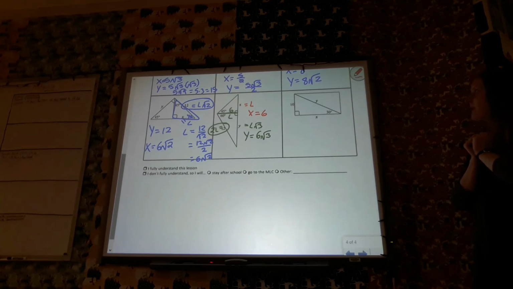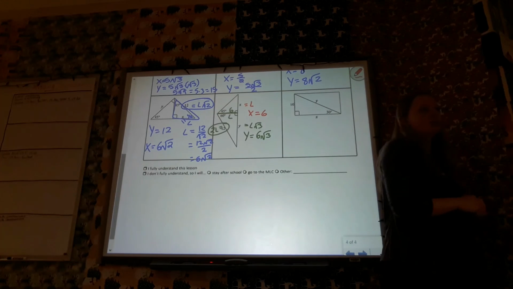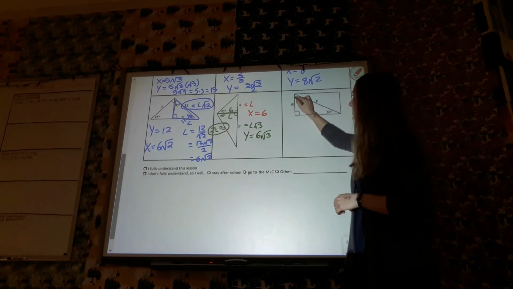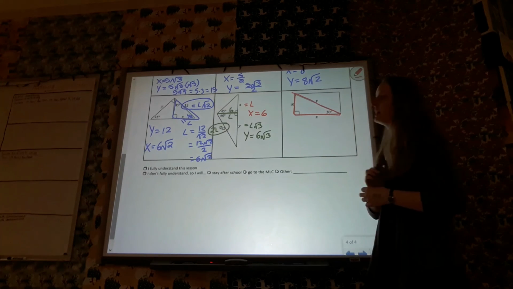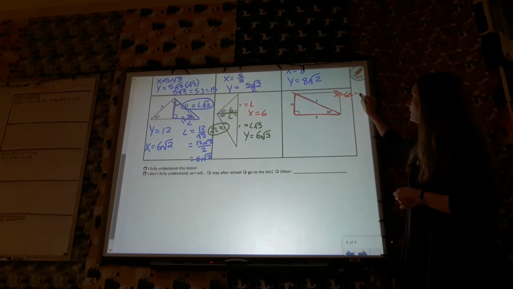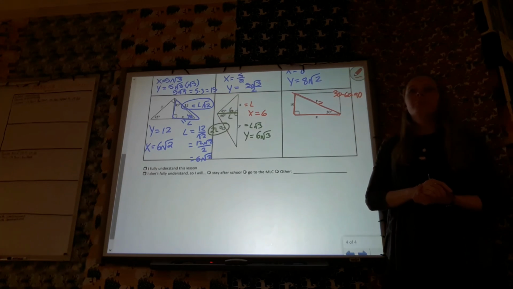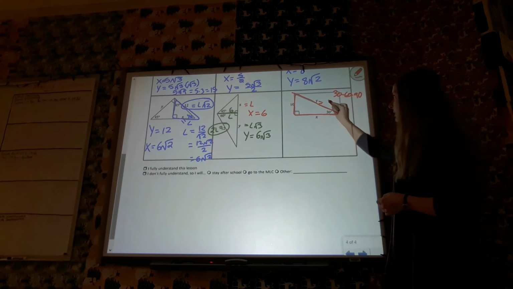All right, our last one. Here we go. This is a rectangular shape. Which triangle would I want to use? Bottom. What kind of triangle is that? All right. Rule for y: 2L.